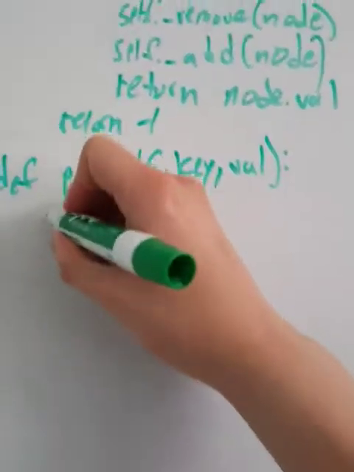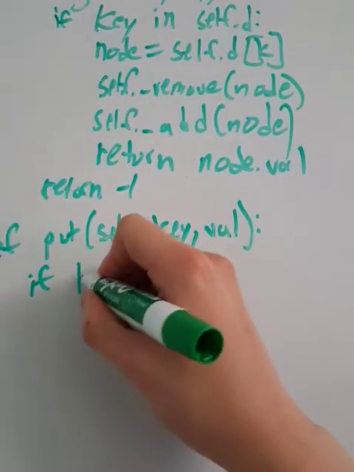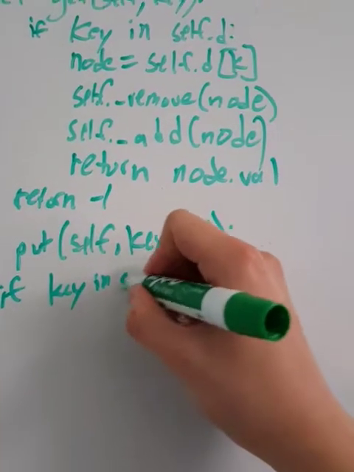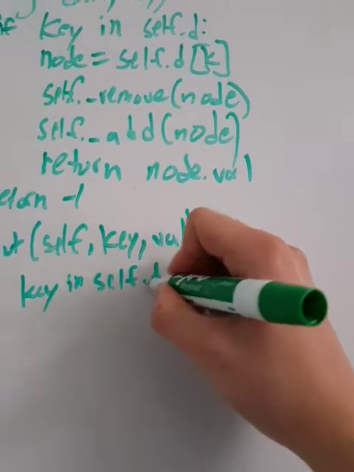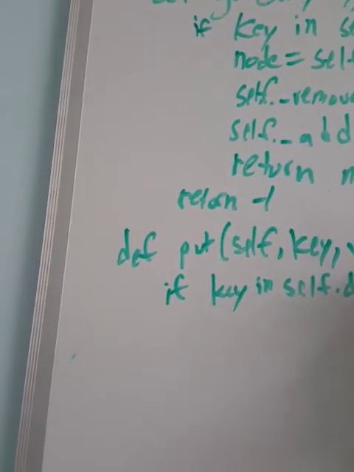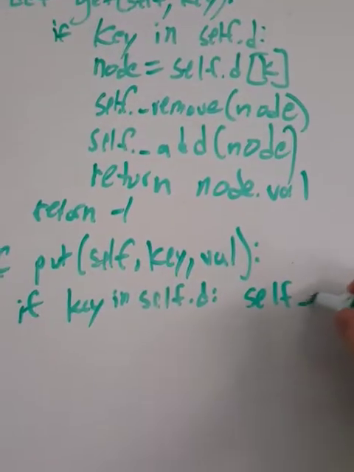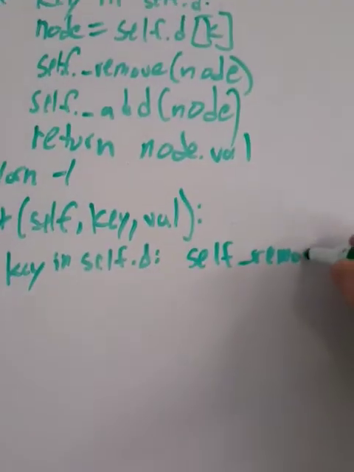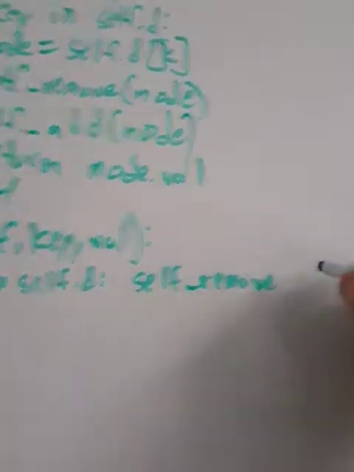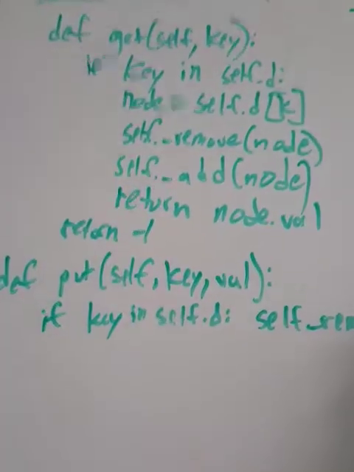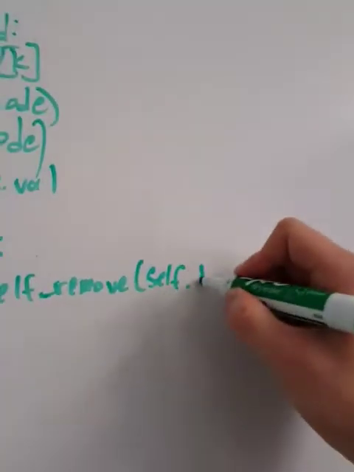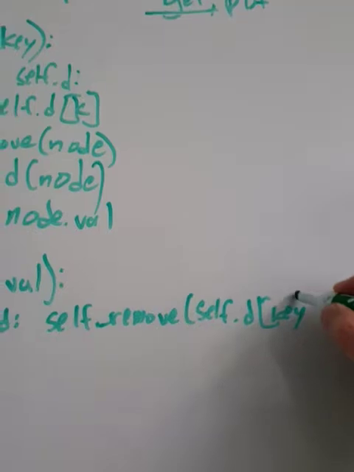So let's do another check. So if key in, and we might run out of space, so we need to write small. If key in self.d, we need to remove it. Let's do self dot underscore remove self dot d of key, because like I said, the value is a node.